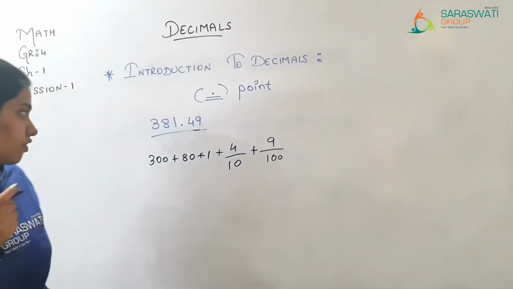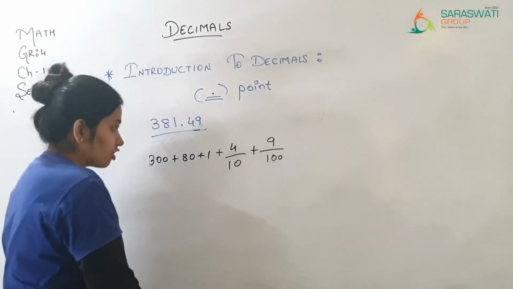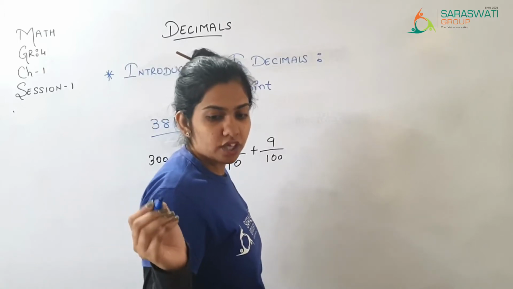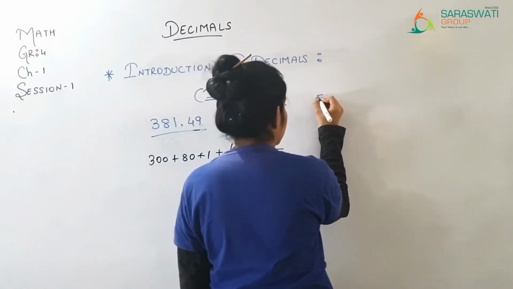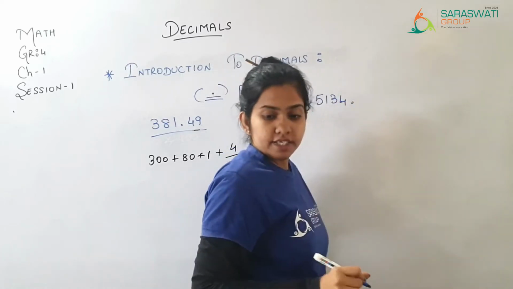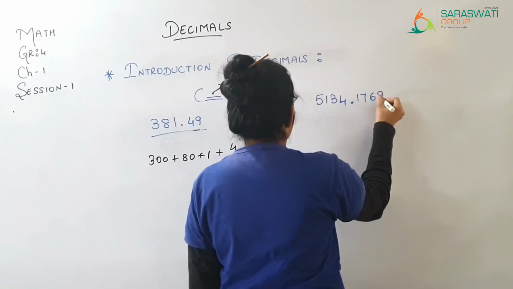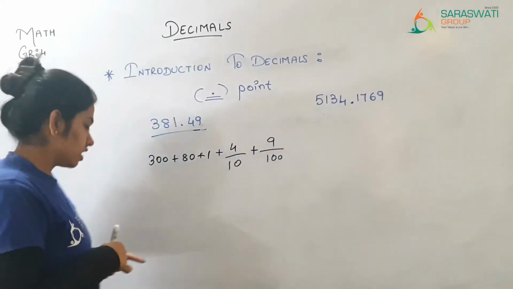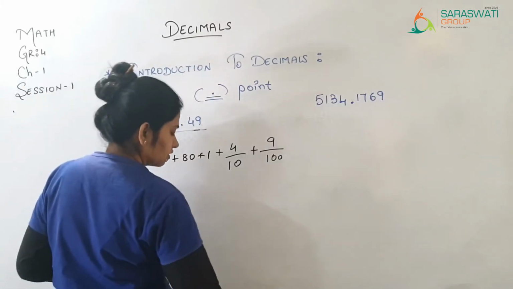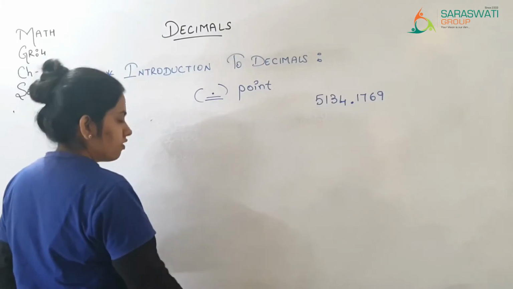So in this way, now let us take another number. So you will get it out clear. 5134.71769. Right? Now we are supposed to write this in expanded form. So 5134.